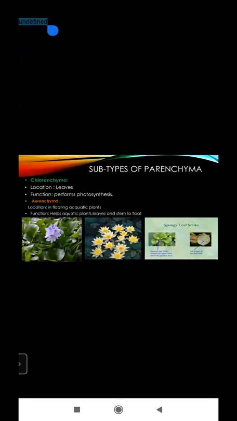Chlorenchyma is the parenchyma tissue that contains chlorophyll, and it is found in leaves or the tender stem. Whereas aerenchyma is the parenchyma tissue that is modified for storage of air. It is present in the aquatic plants, and it provides buoyancy to the aquatic plants for floating above the water surface.